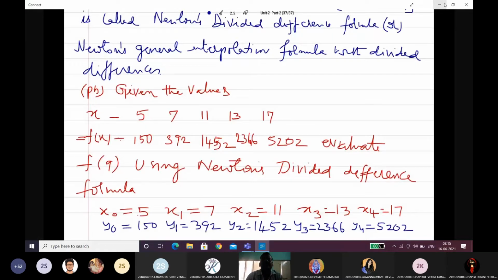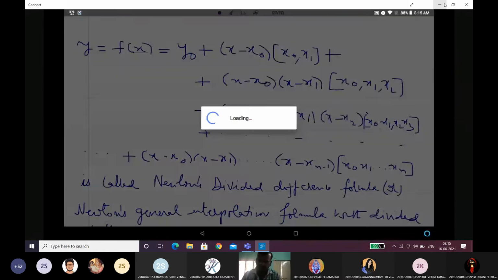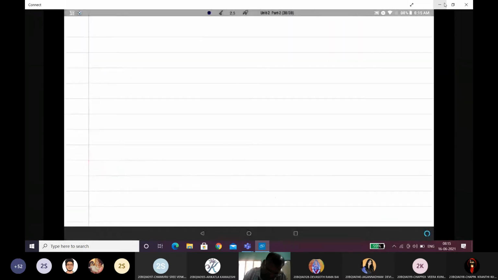These are the given values that we have to write clearly and legibly like this. Then we move on to how to construct the divided difference table.